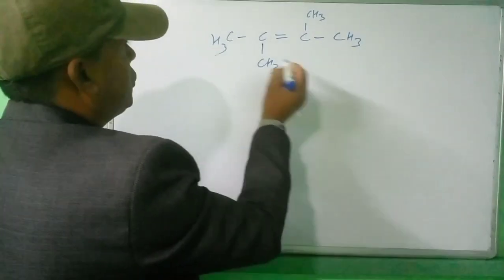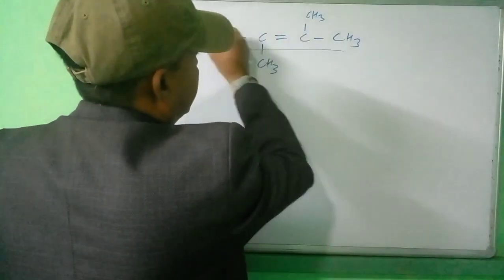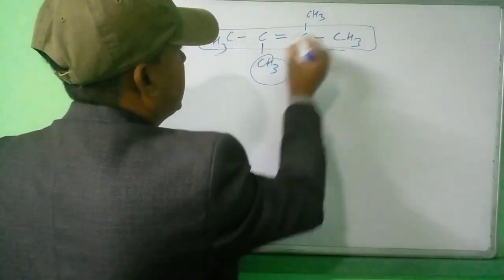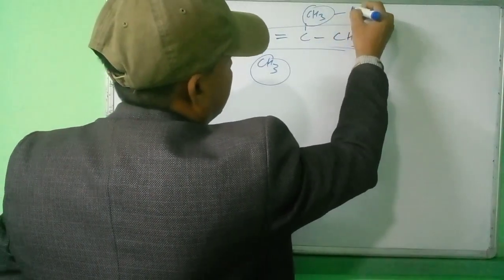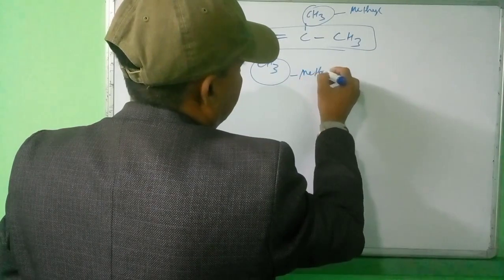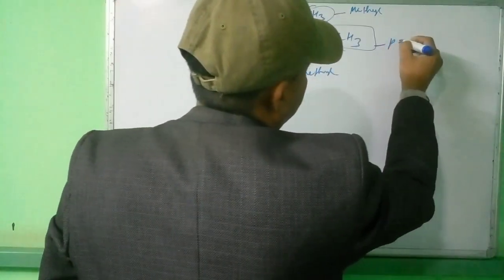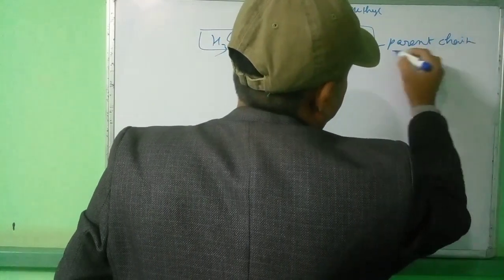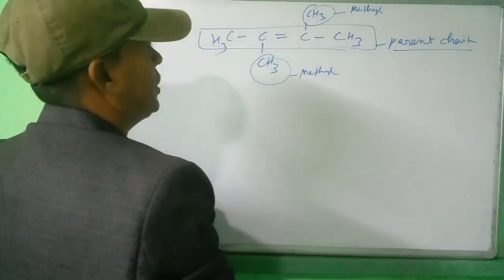At first we select the longest chain including the double bonded carbons, and then find the substituents. This is a methyl, again a methyl. This is the parent chain. Now we have to give the number.